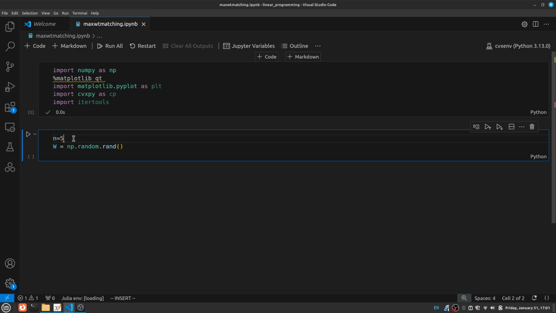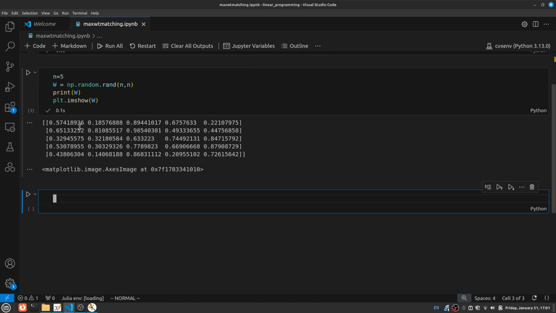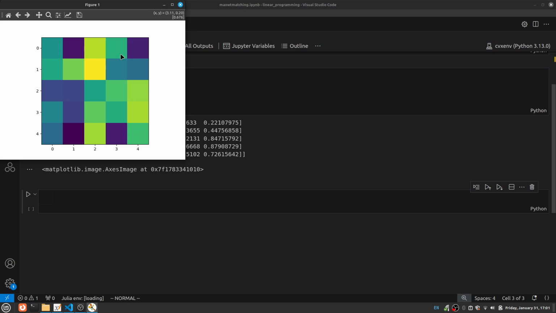I'll start with n equal to 5. It's just a bunch of numbers, but perhaps it's easier to visualize in this form. The more yellow it is, the larger the weight. The more blue it is, the smaller the weight. So for example, this would correspond to 0.985, and this corresponds to 0.186.